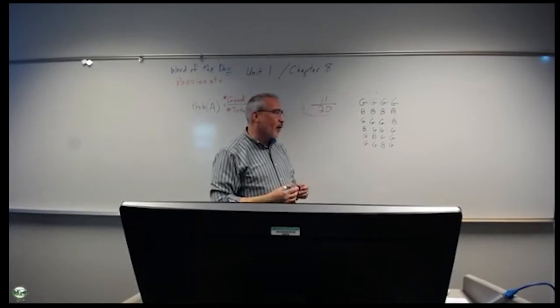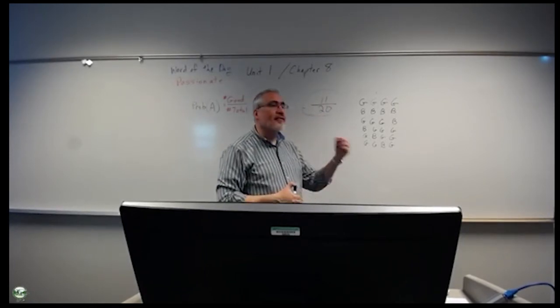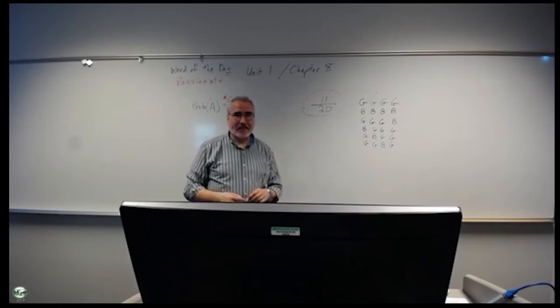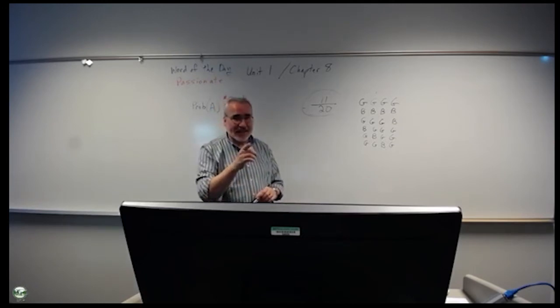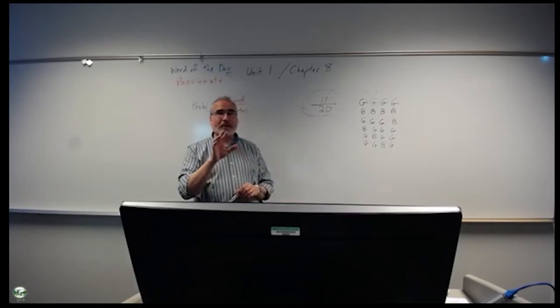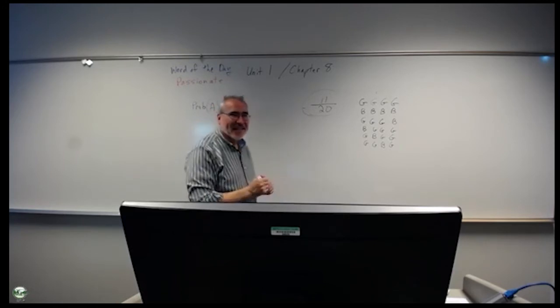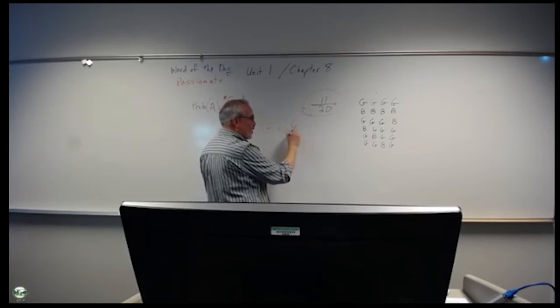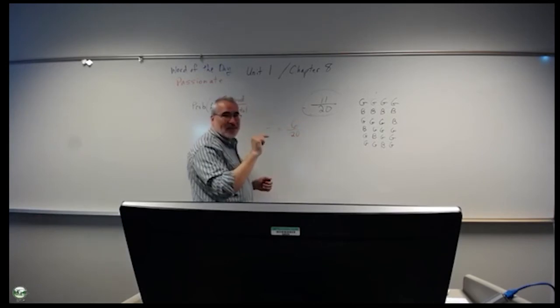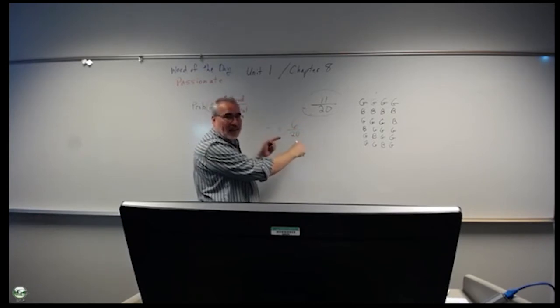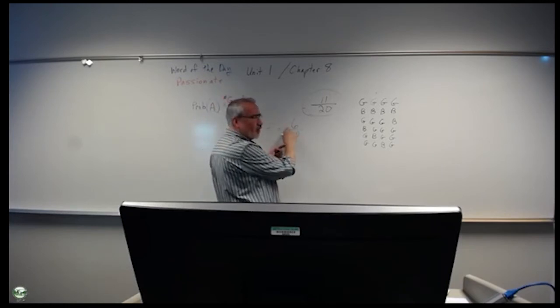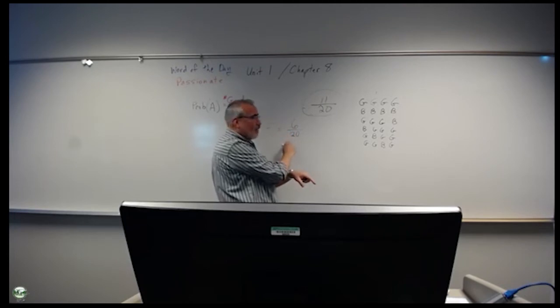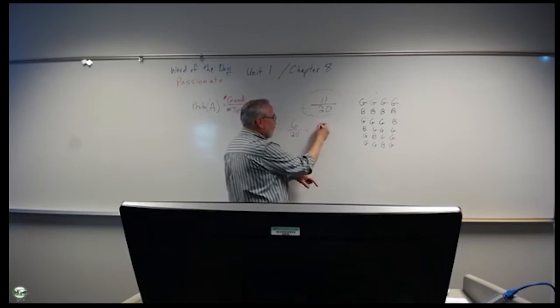What is the probability of randomly meeting a person in this room who is a father? So fathers, there are 6 male parents out of 20, which reduces to 3/10.